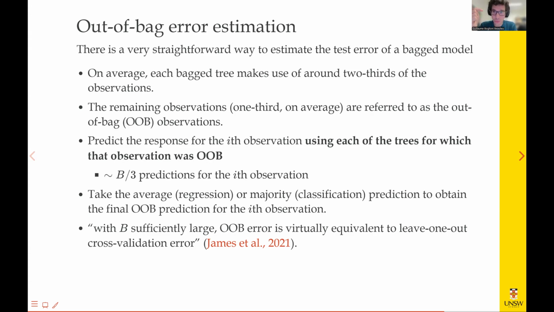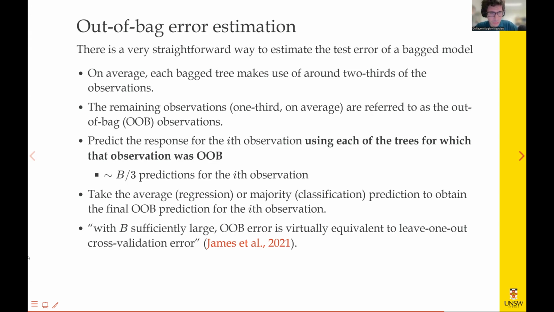Because you know the response for this observation. So as usual, you take the response minus the fitted value, the prediction obtained from those 333 trees in my example, take the square, and you get your squared error for that observation. You do that for every observation, so you get your mean squared error, and that is a roughly unbiased estimate of your mean squared error for your bagged tree model.